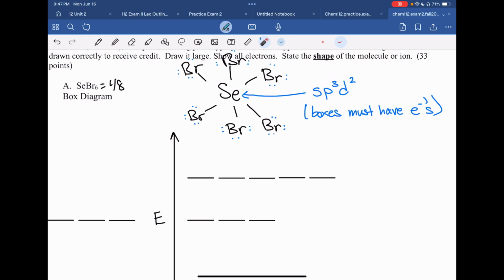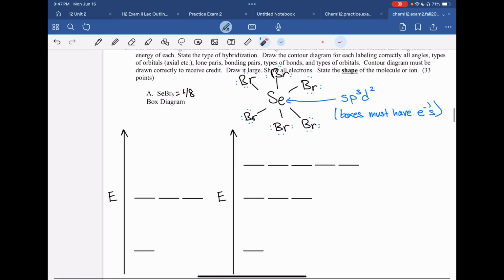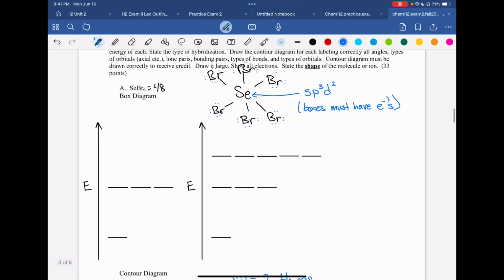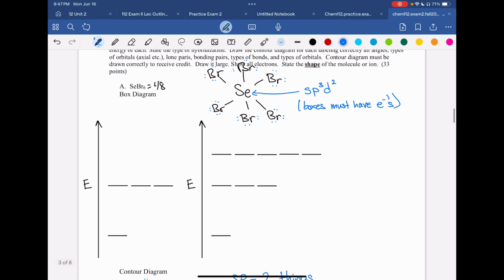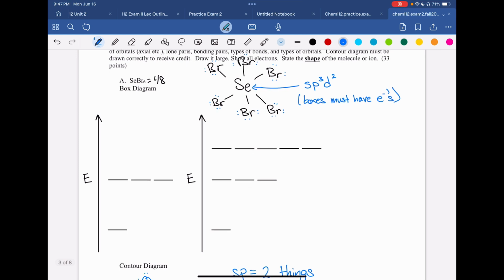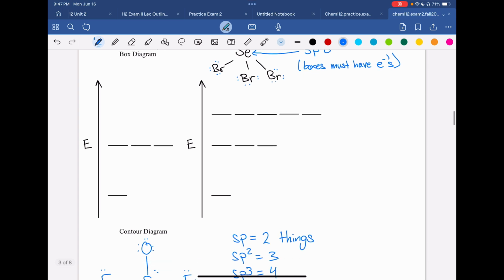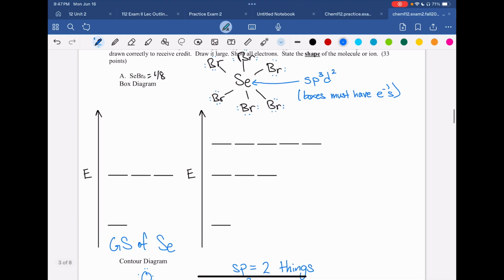I must have all three P boxes full, and then I must have two D boxes, okay? So this is the energy diagram. Your energy diagram will always be of the central atom, always. It is the ground state of selenium, okay?